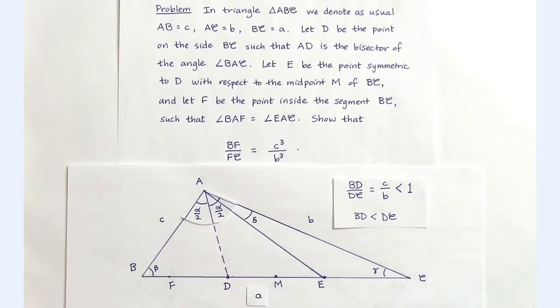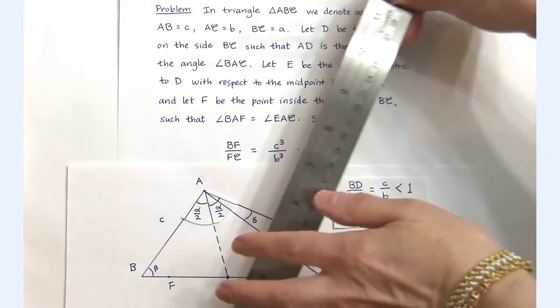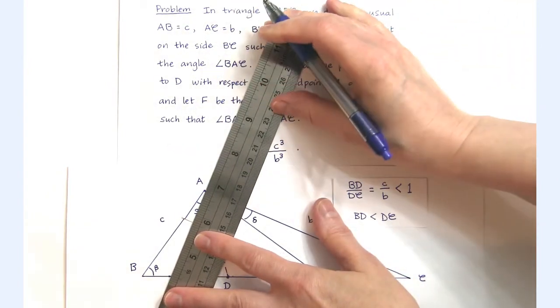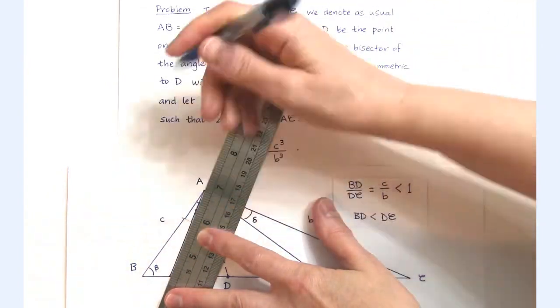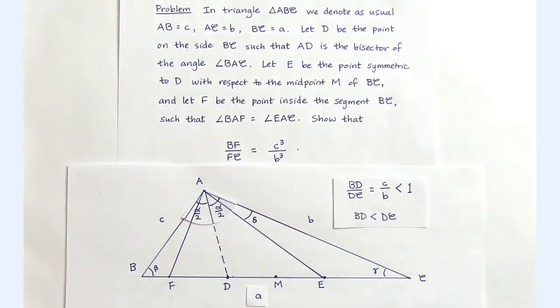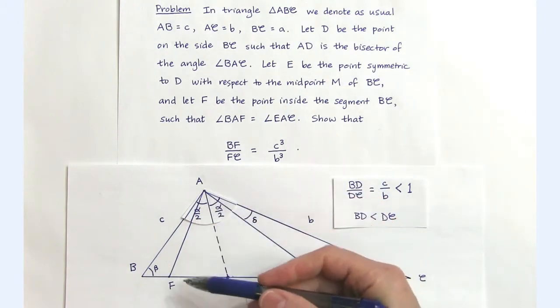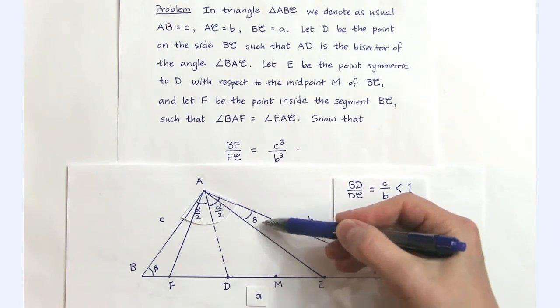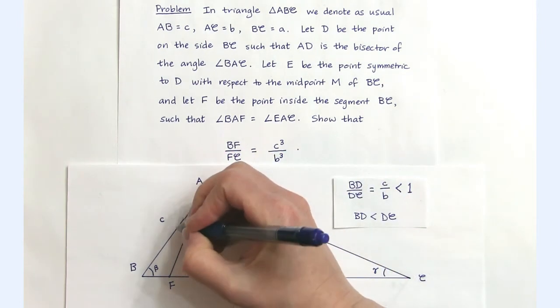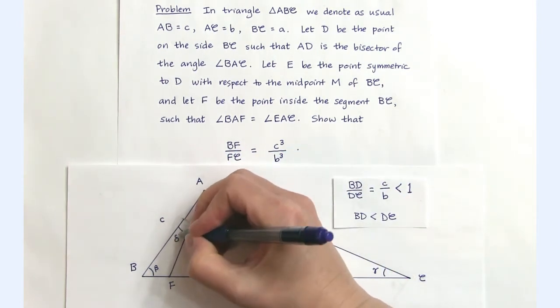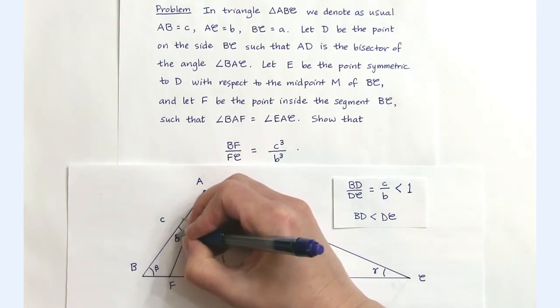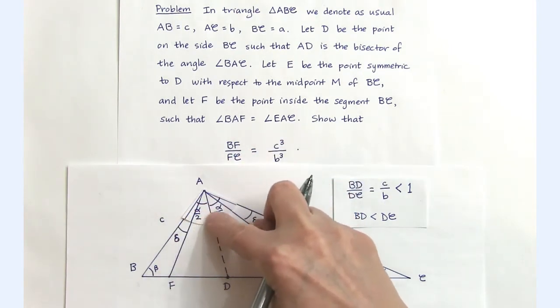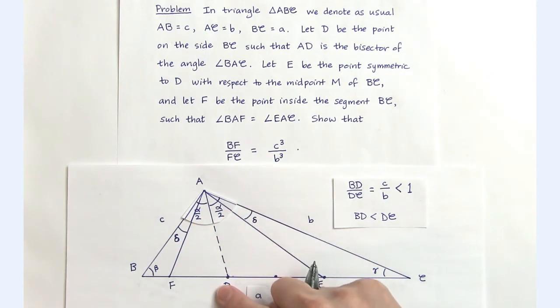So F needs to be the point where this angle, let me draw it in, there's my angle BAF, needs to be delta. It needs to be the same as this angle. And because I know that delta is smaller than half of alpha, that makes that my F has to be to the left of D, like this.